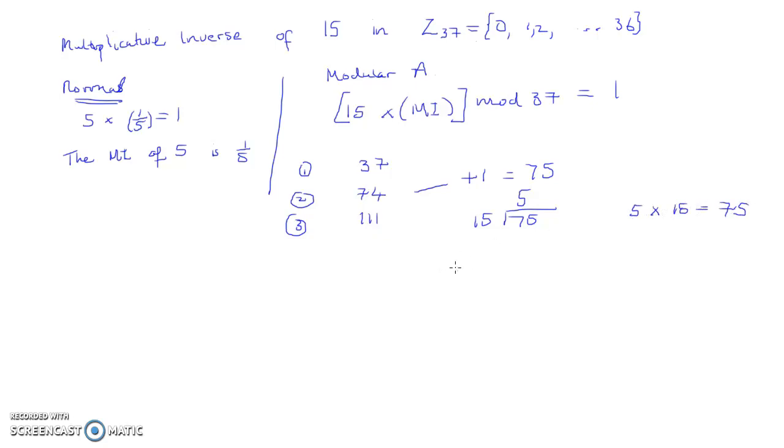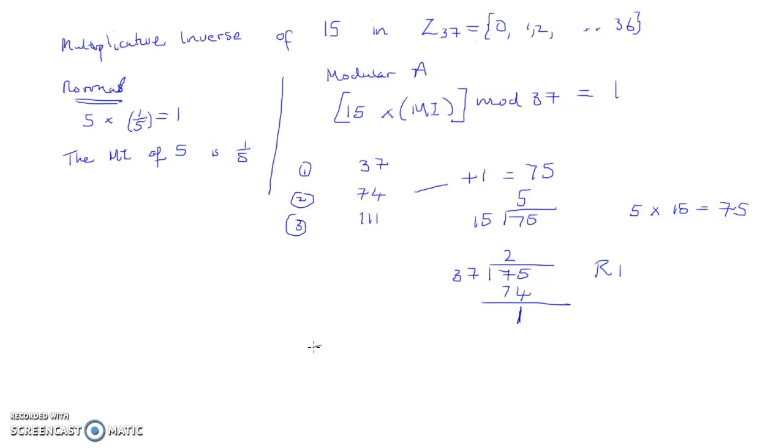And 37 goes into 75 twice, which makes 2 37s are 74, with a remainder of 1. So it has a remainder of 1, and that's the one that goes up here, right?